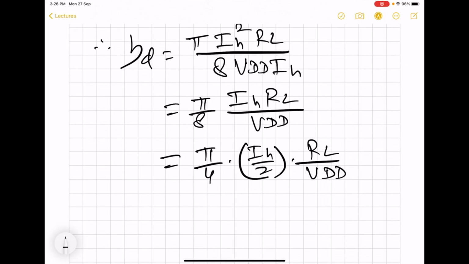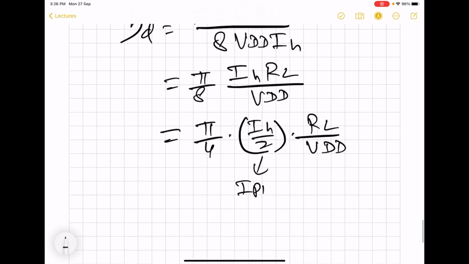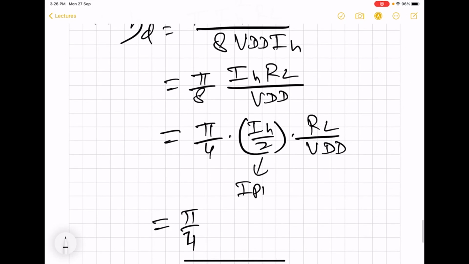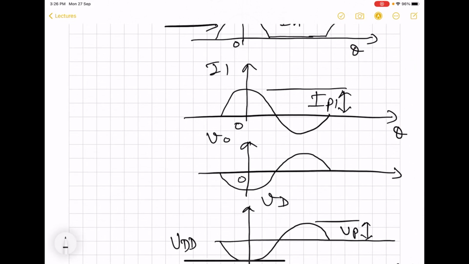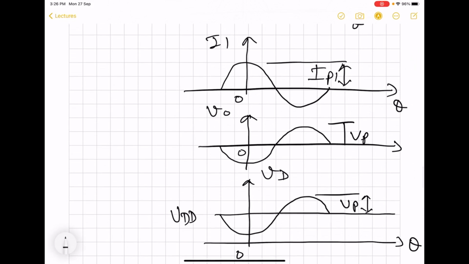So here we see that this one is IP1. So this IH by 2 into RL can be substituted as VP, because we know that the peak voltage that we see in the voltage waveform, whether in the output or in the total, is actually a consequence of this current flowing through RL.